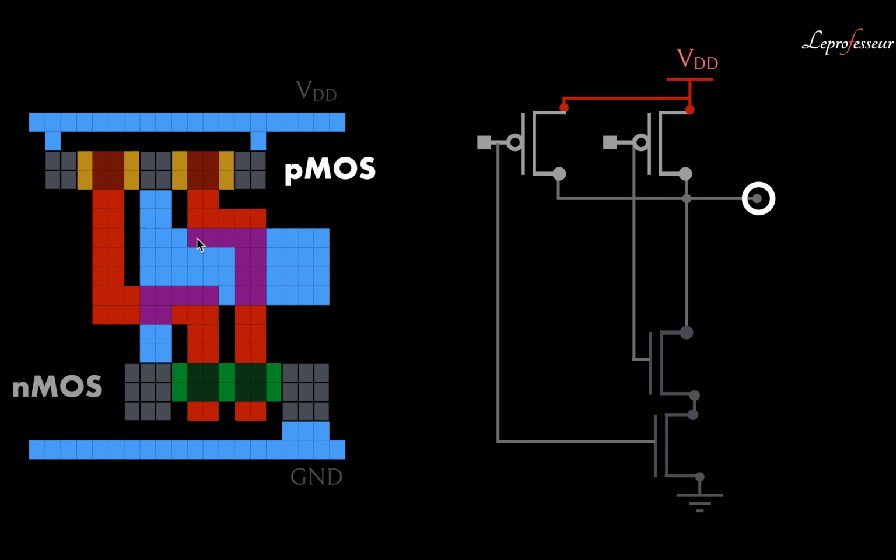And now let's connect the outputs. The pull-up network output will be taken from this contact, and then the metal layer, and then the pull down will be taken from this contact connected with the metal layer. And that is the joint intersection point of the pull up network and pull down network. Good.